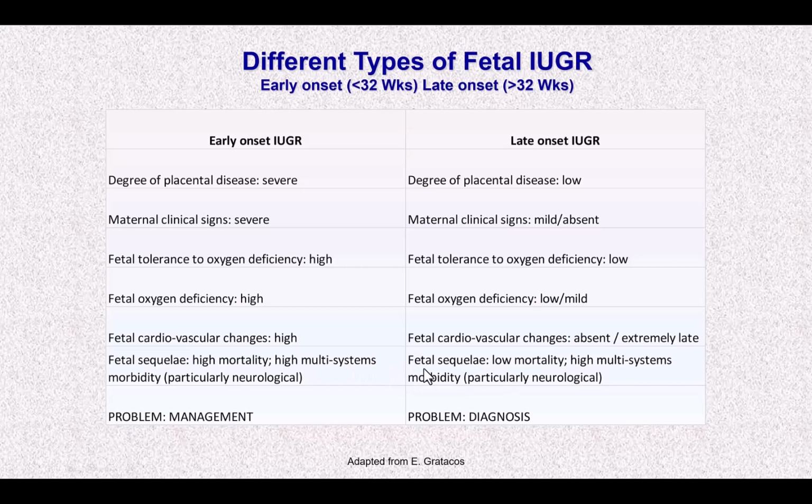You can see they are very similar with high multisystem morbidity, particularly neurological, for both groups, early and late onset. The early onset is characterized by high mortality, the late onset by low mortality. And the problem is the management for the early onset and the diagnosis of the late onset.